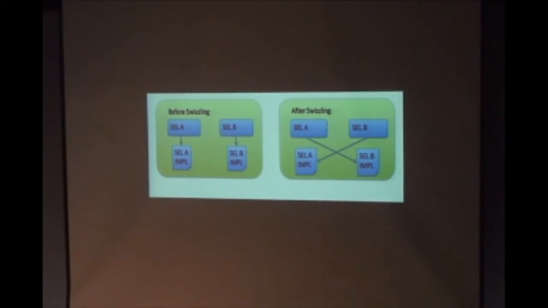We take a step back here. You see on the left-hand side the normal way it works. You have a selector A with a selector A implementation, selector B with its implementation. And what method swizzling does is exchange those implementations.